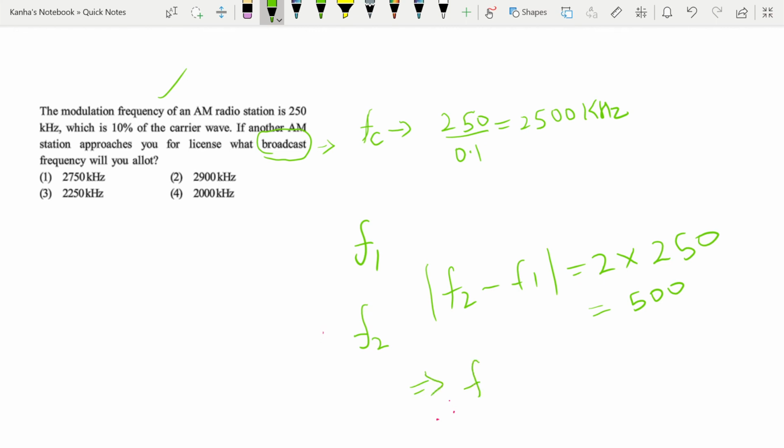Therefore, my second carrier wave frequency can be F1 plus 500, or F1 minus 500. So my F2 can have the values of 3000 or 2000.